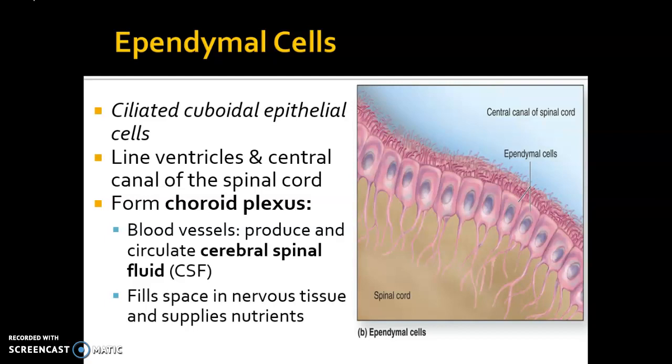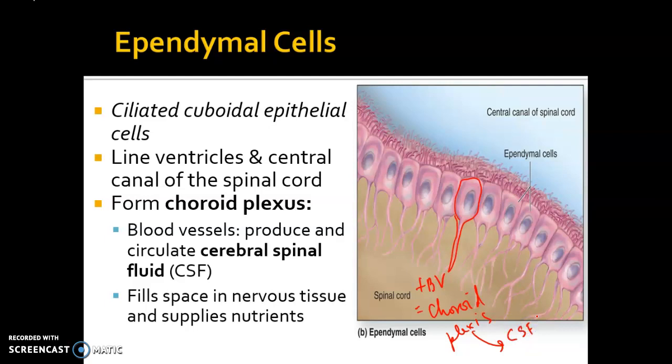Now the ependymal cells together with nearby blood vessels form a structure called the choroid plexus. I'll just highlight one ependymal cell, and this along with a nearby blood vessel forms a structure called the choroid plexus. And it is this choroid plexus that will secrete cerebrospinal fluid.